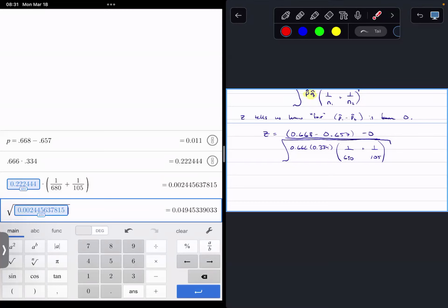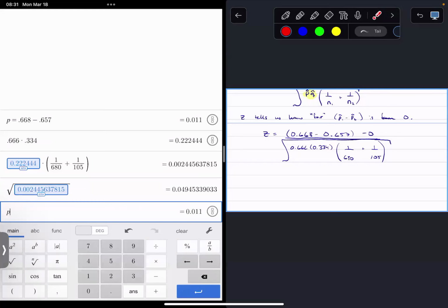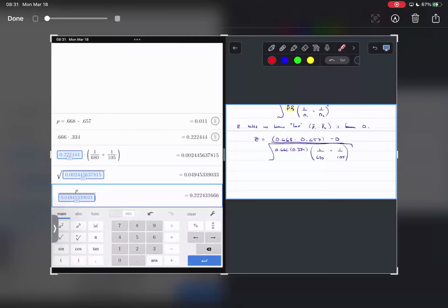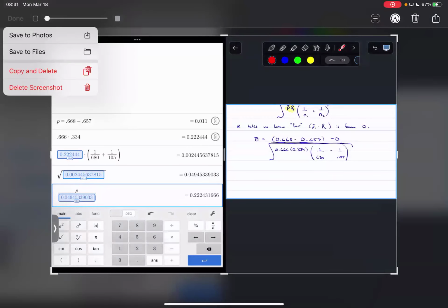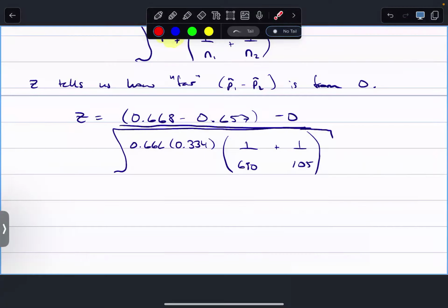So now my standard error is 0.05, let's call it, right? And so now I'm going to do P divided by the previous answer, and I get a Z of 0.2222, whatever. I'm going to take a screenshot and bring it in so I can blow it up.